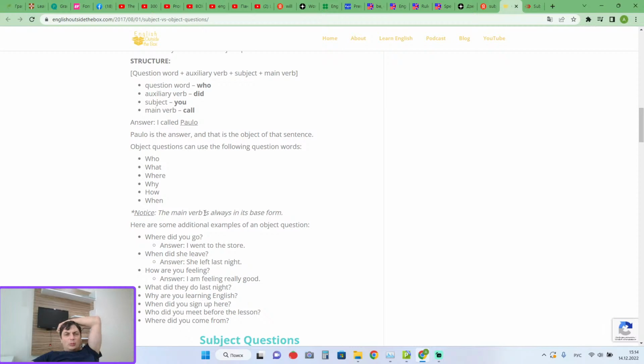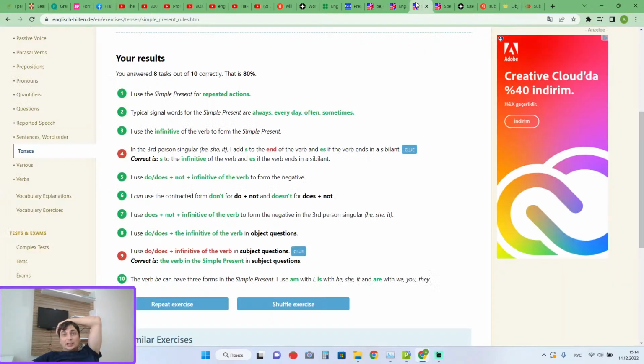The main verb is always in its base form. Okay. This is the answer to our question. It's an object question. Object question is the infinitive of the verb.